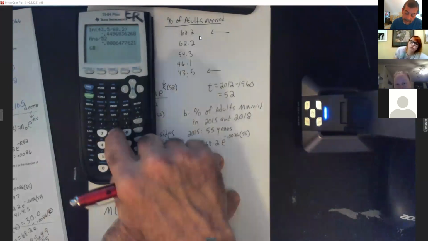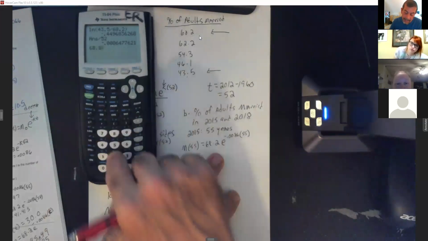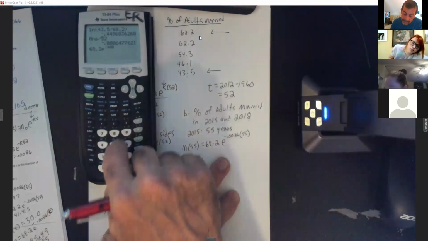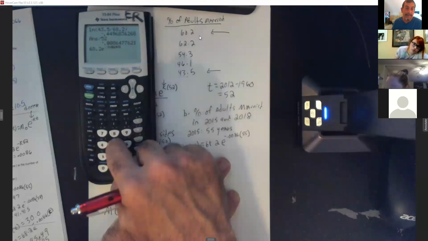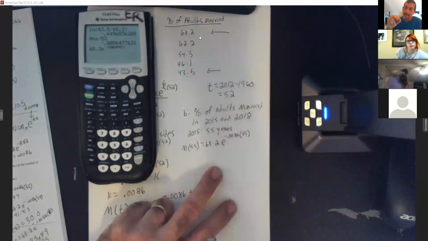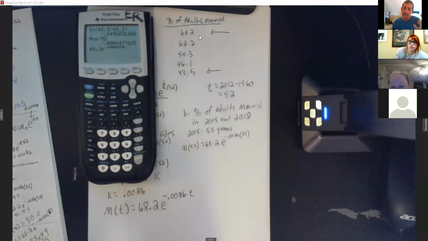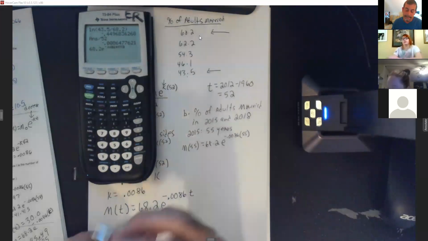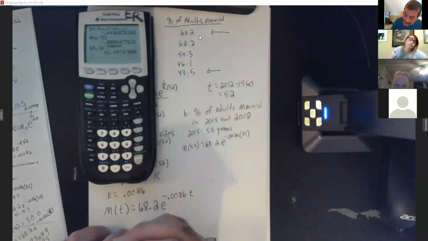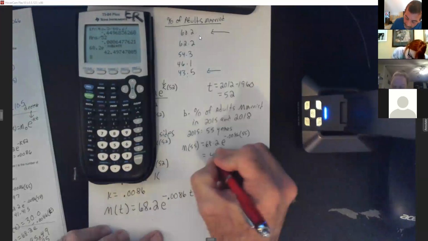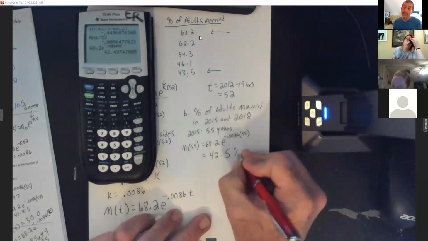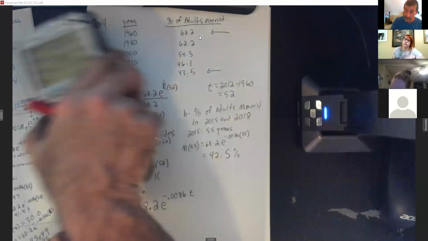So 68.2, second ln to get to E, and then that's a negative 0.0086 times 55. Now, if you've got the older calculators, when you do the ln, it's going to give you a parenthesis. Put everything into parentheses, then shut it. All right, let's see, what am I getting? It looks like 42.5. So that means in 2015, only 42% of Americans will be married.